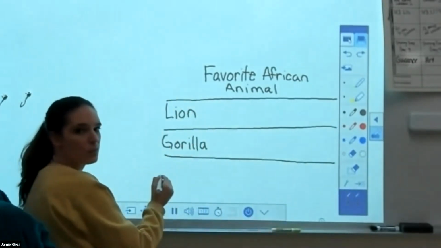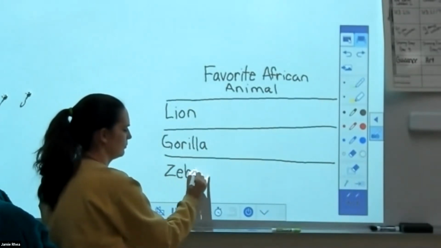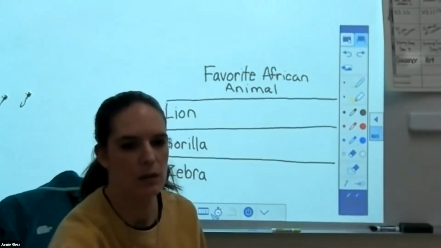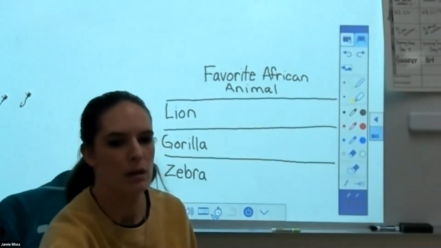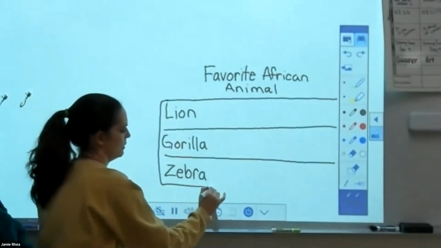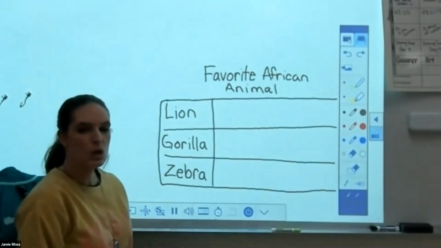And the last one we had was a zebra. Now here's what my table is going to look like. I'll go ahead and make that a box. That there.